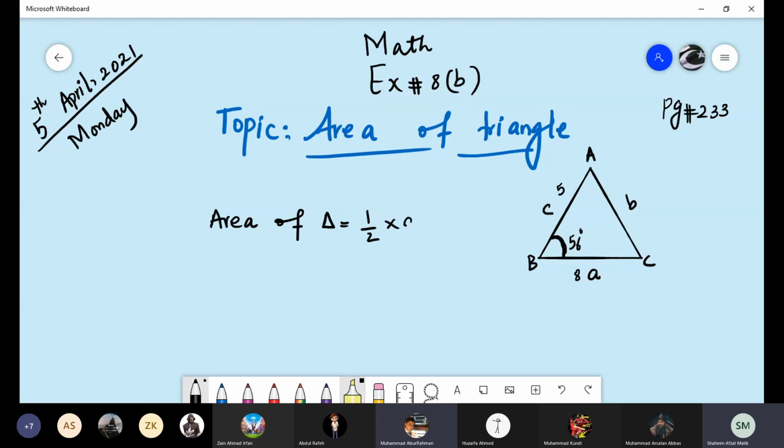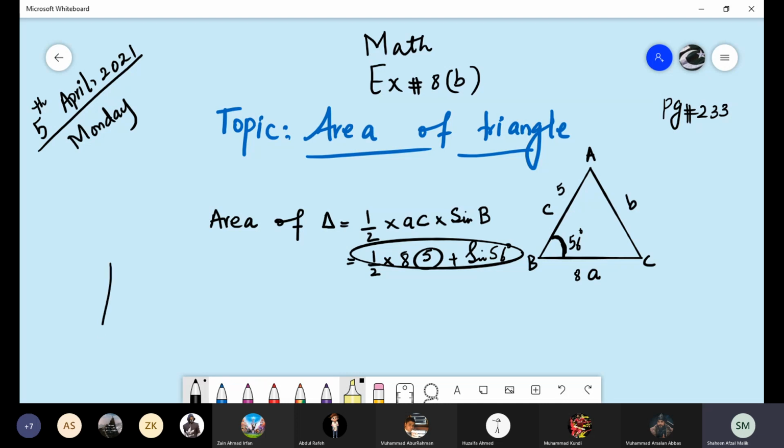So 1/2 into AC into sine B: 1/2 multiplied by 8, by 5, and sine of 56 degree. Multiply the values in the numerator, then divide by 2, and you will get the area. This is the only way.